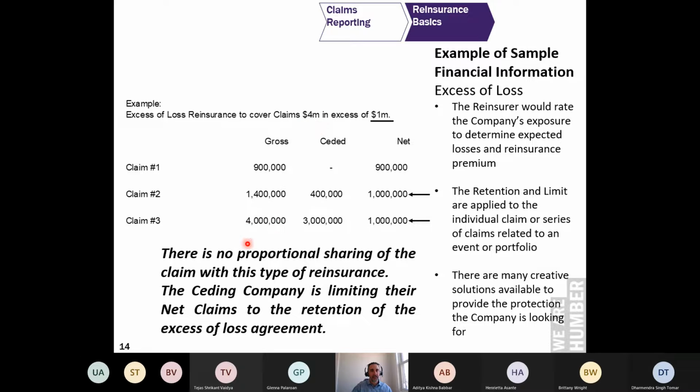If this was a $10 million loss, the most you could cede to them is 4 million, because they're only covering you for 4 million in excess of 1. So if it was 10 million, less the 4 you could recover, the company is going to have a 6 million net.